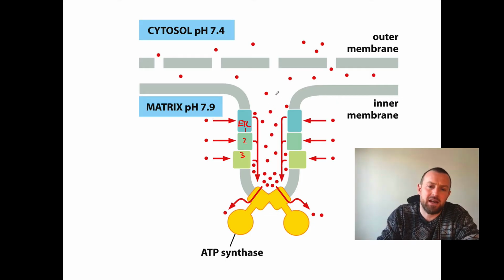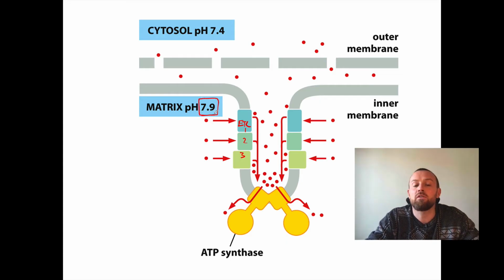We get a pH gradient building up so that the intermembrane space is about the same pH as the cytosol, which is about 7.4. And really what we're doing is removing protons from the matrix, making it more alkaline, pH 7.9. That only seems not huge, it's only half a pH unit. But remember, it is logarithmic, so that's around about 5 times more protons in the intermembrane space than in the matrix.